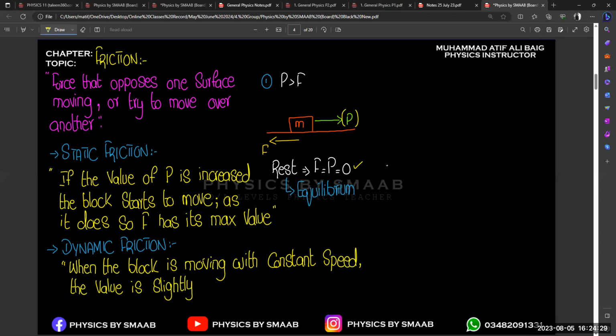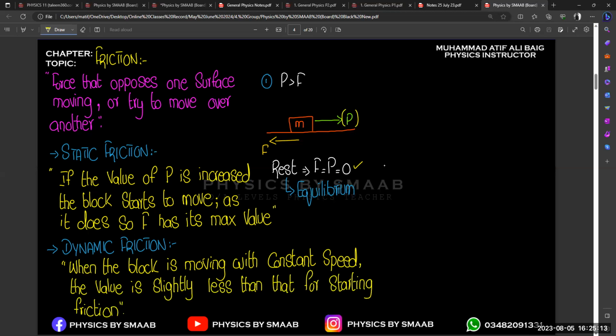So this is the concept. These concepts will help you sometimes if they ask in MCQs, or ask you to write a statement or briefly explain what is static and dynamic friction.